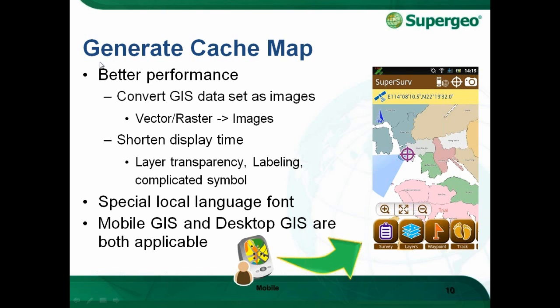The reason to use this function is that a cache map enhances your performance, because once you convert your GIS data into multiple images, not only the vector data but also the raster data can be transferred into images. And once converted into images, it will shorten the display time. It also saves the layer transparency, labeling and complex symbols.